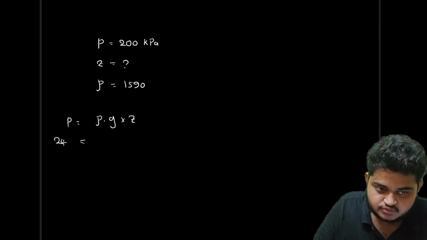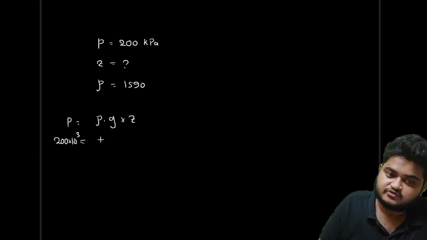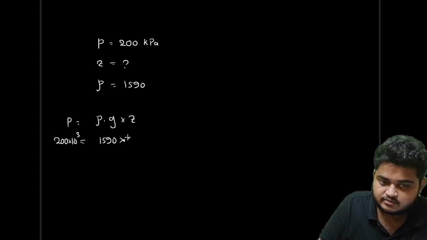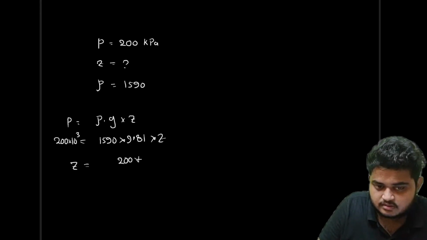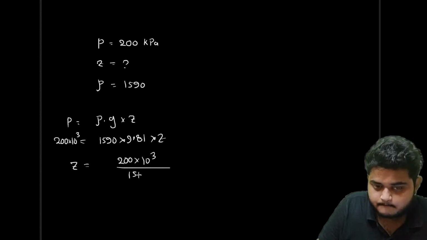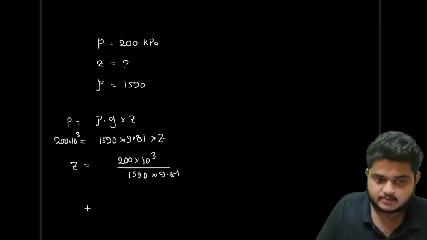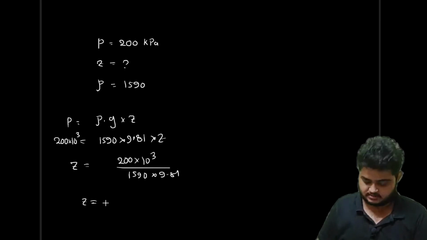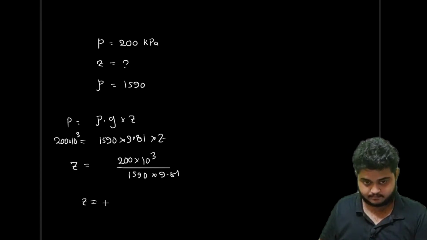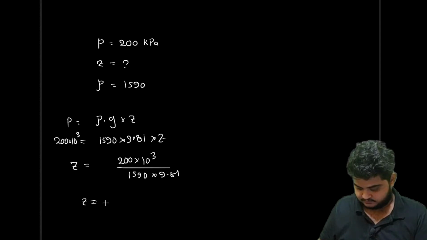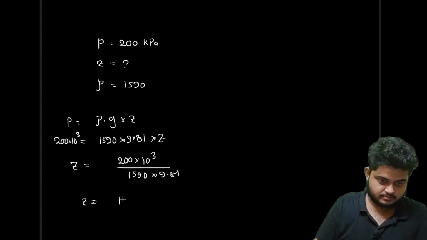So this is 200, and if I want to calculate in Pascal, it will be 10 to the power 3, and this is 1590 into 9.81 into Z. So Z will be 200 into 10 to the power 3 divided by 1590 into 9.81, and Z will come out as 12.82 meter.